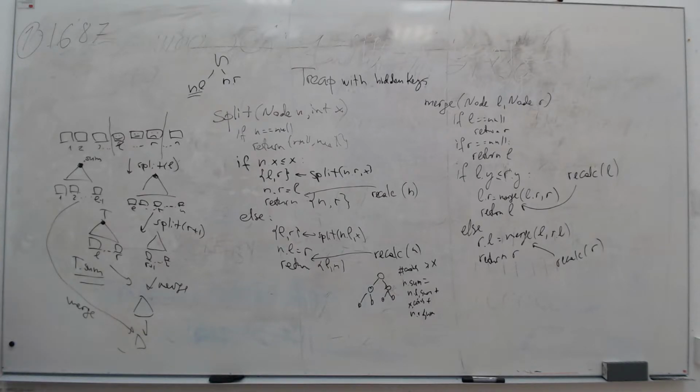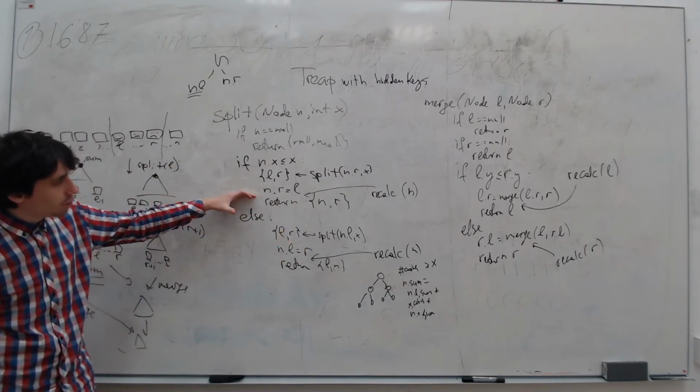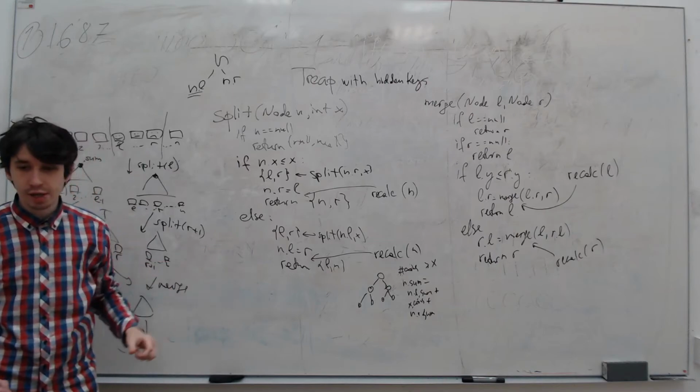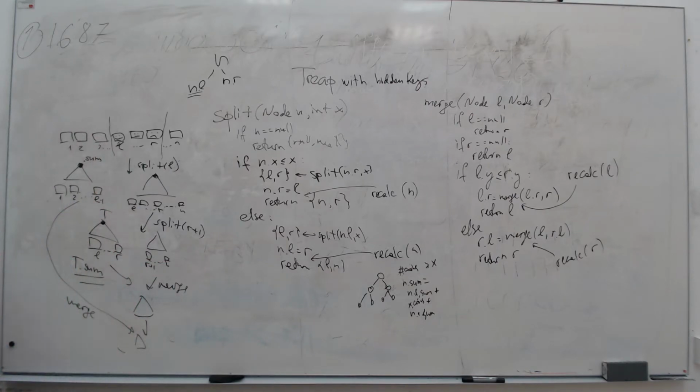So, and how to maintain the sum? You just take the split function and the merge function, and where you update the node, you just recalculate the sum in the subtree. Okay. However, right now, we add an additional query to our data structure.